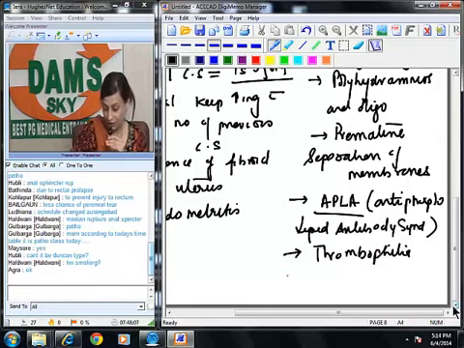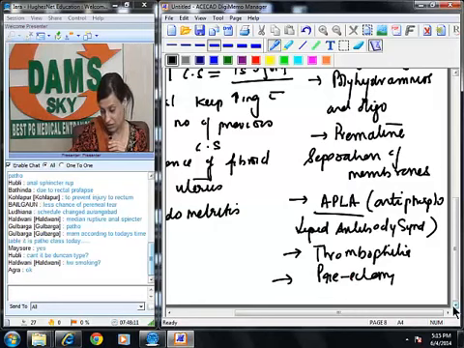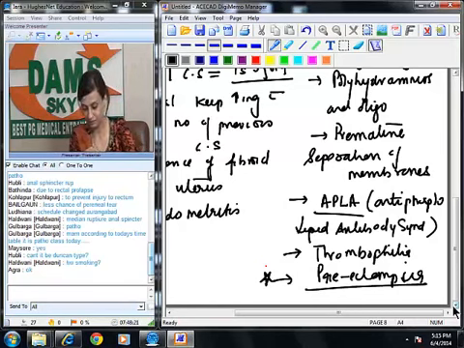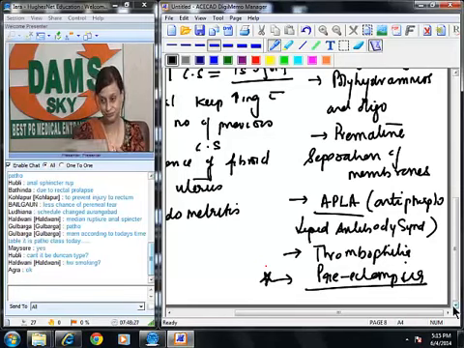Very importantly, abruption is related to preeclampsia. This is a very strong association between preeclampsia and abruption. Preeclampsia is high blood pressure in pregnancy, right? So again, it is related to abruptio placentae.